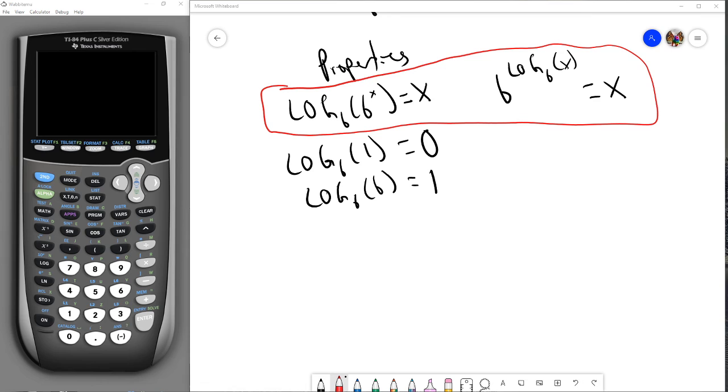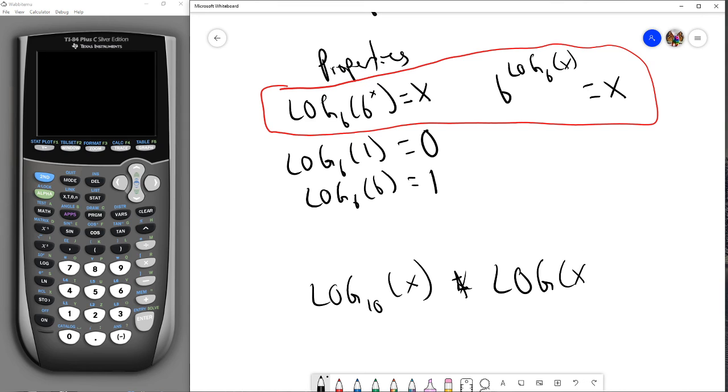Now, we must talk about some notation. I had previously written this here, log base 10 of some number. This is actually bad notation. Better notation is log of x.